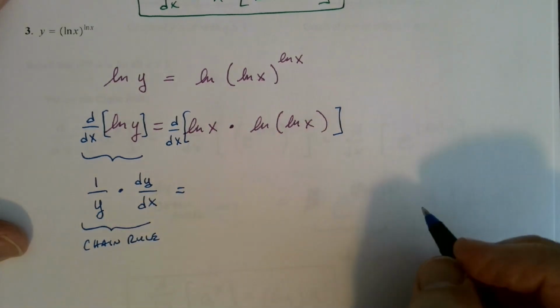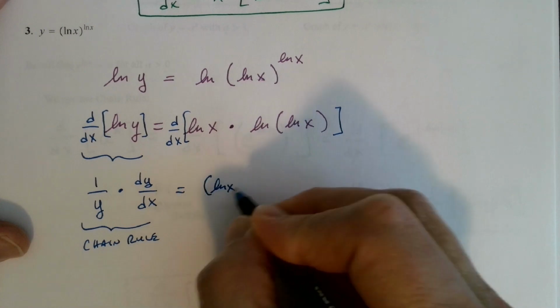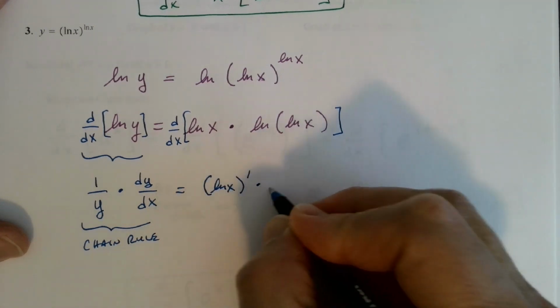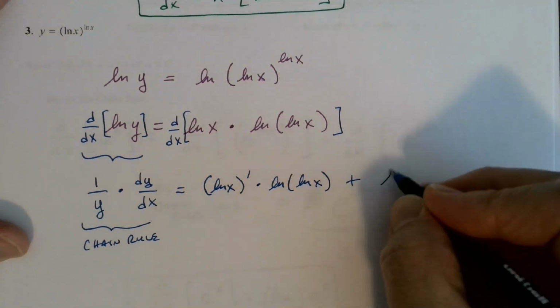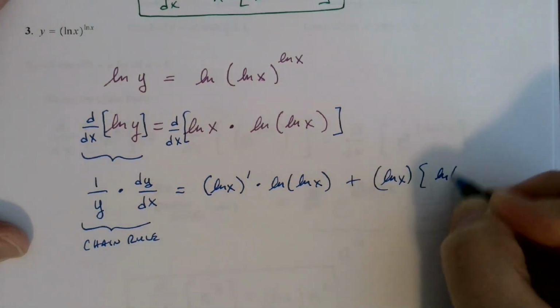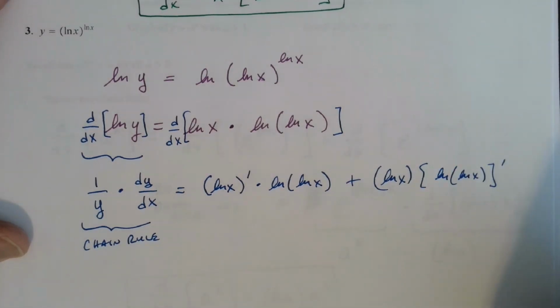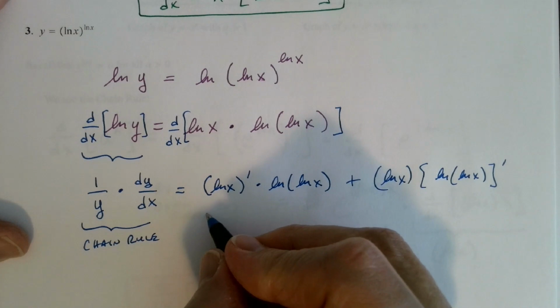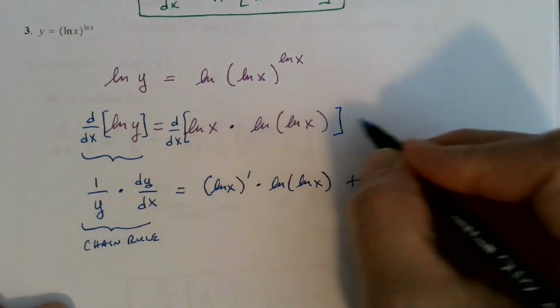And then over here I've got product rule. So I've got the derivative of natural log of x times the natural log of the natural log of x plus natural log of x times the derivative of that thing. This is product rule again for this part.